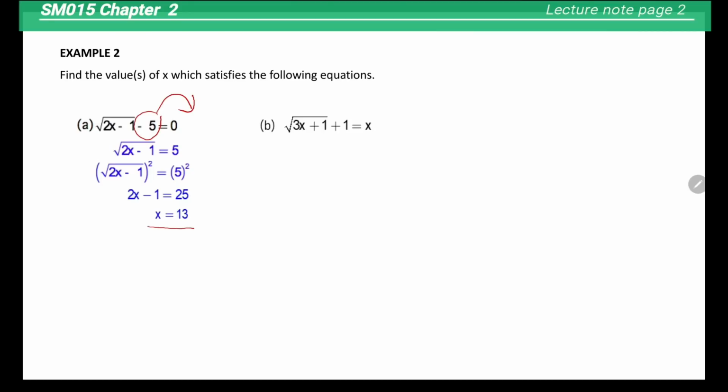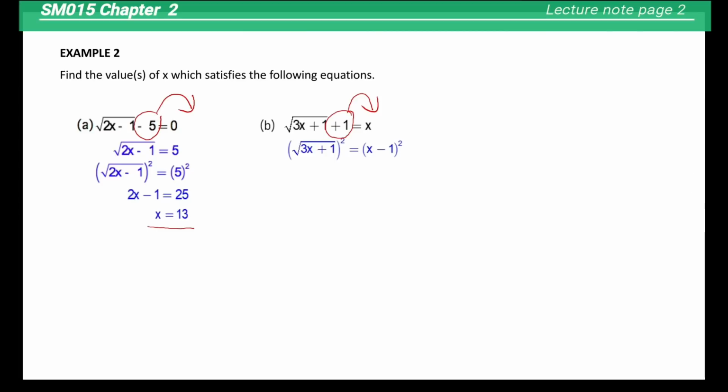Next, for example B, we have √(3x plus 1) equal to x. Like we did before, we just need to consider only one surd on the left hand side. So for the plus 1 that we have here, you need to move that to the right hand side.